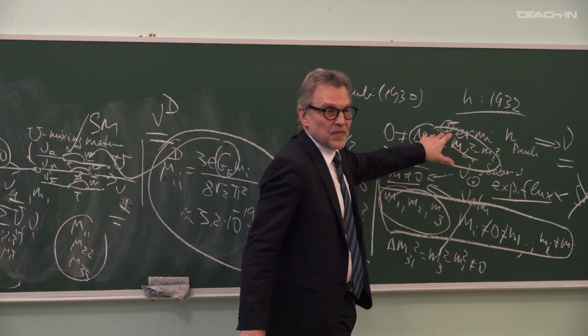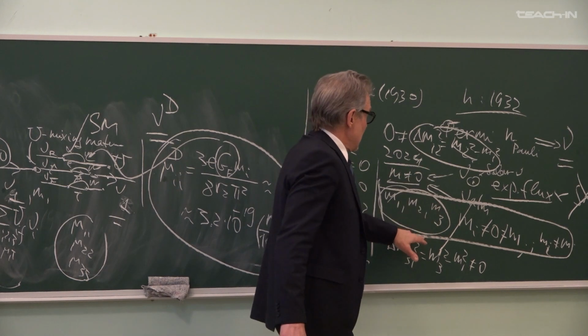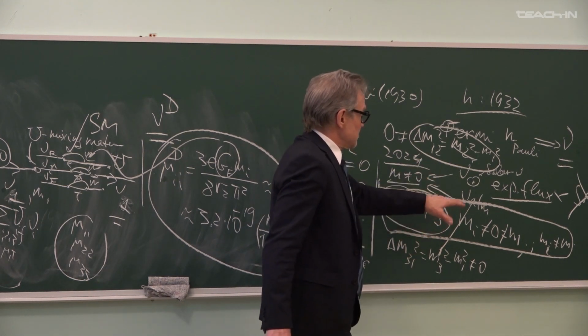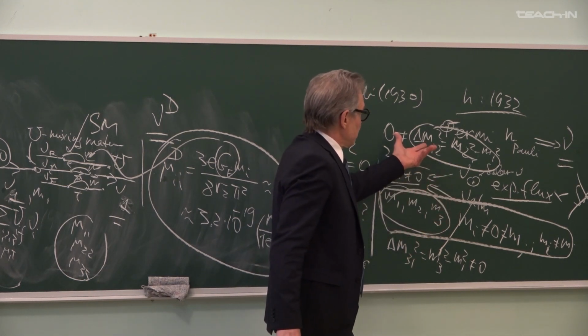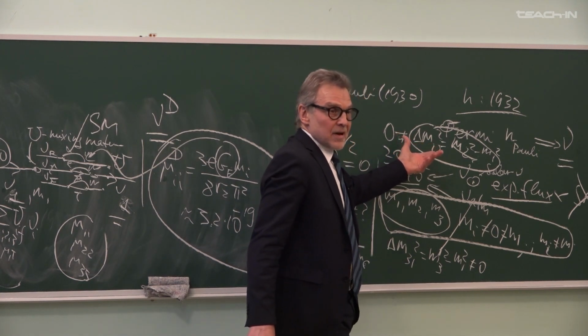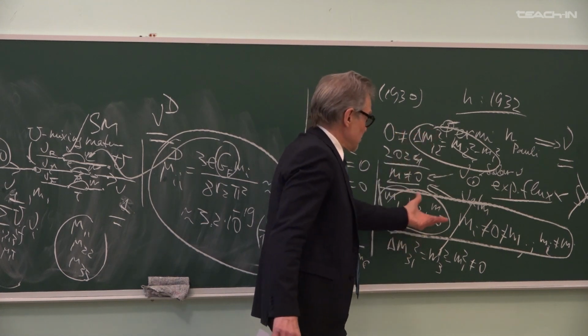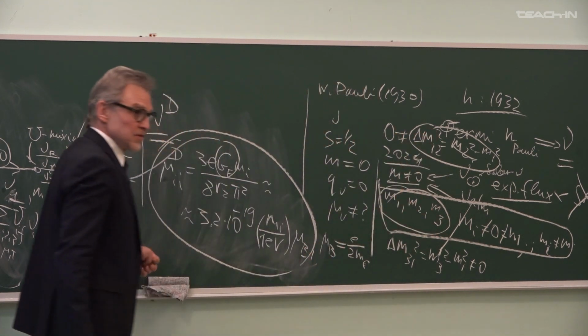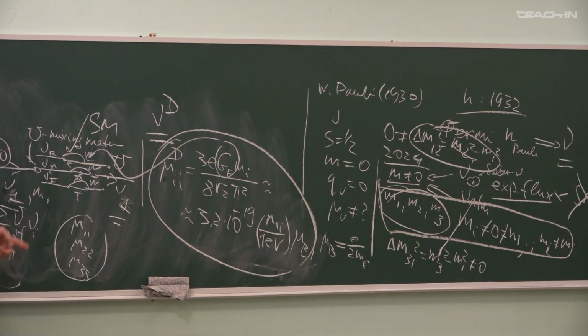So there should be 2 different mass squared differences, and they should be not 0. It follows that at least two masses are not zero and not equal to each other. So at least two of these are not equal to zero, and they're different, because the masses of the three neutrinos are different, even though one can be zero.